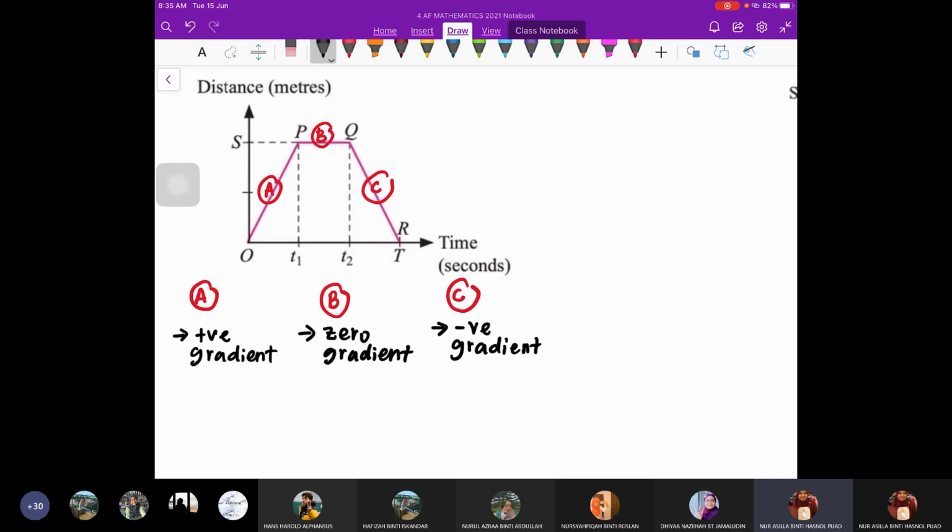Jadi kita boleh kata A kita ada positive speed, B has no speed, C has a negative speed. Jadi bila kamu calculate speed, kamu punya jawapan mestilah selari dengan apa yang kita bagi tahu kat sini. Okay, that is about gradient ataupun speed.